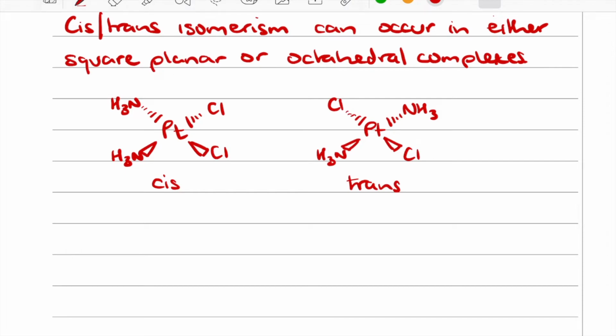Now the octahedral, it can be a little bit trickier to be absolutely sure that you're actually doing a cis or a trans shape. So let's just draw the octahedral structure first. So we've been told it's cobalt. I'm just going to draw the shape.